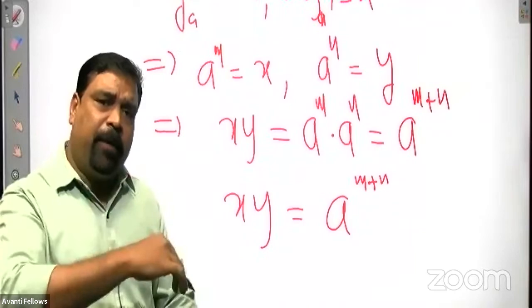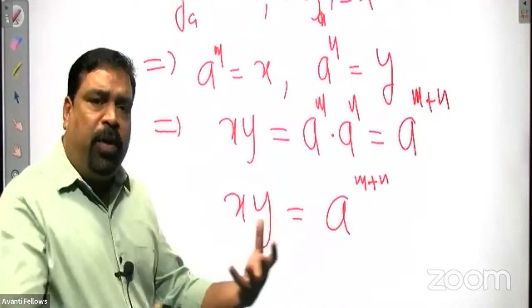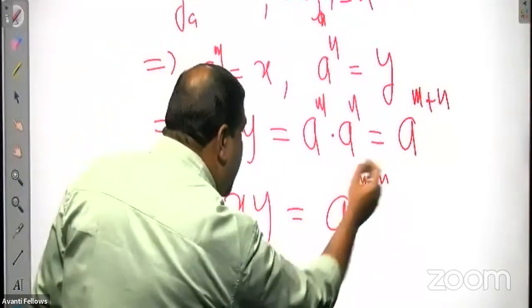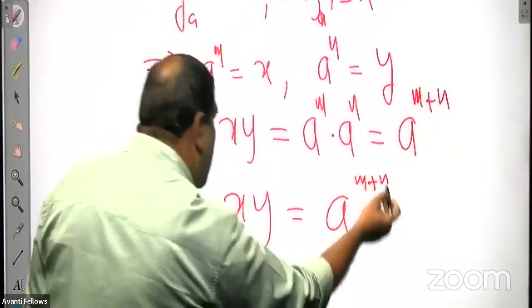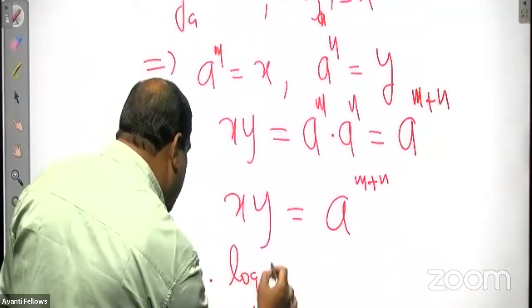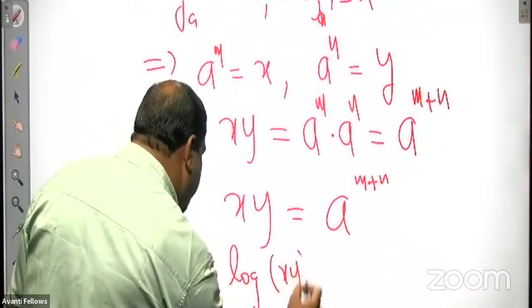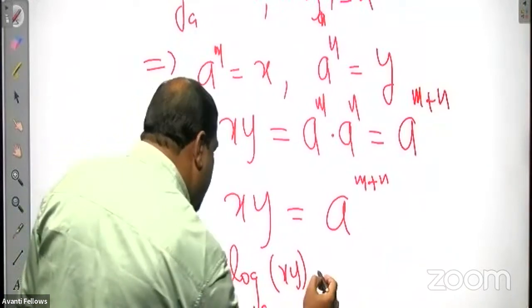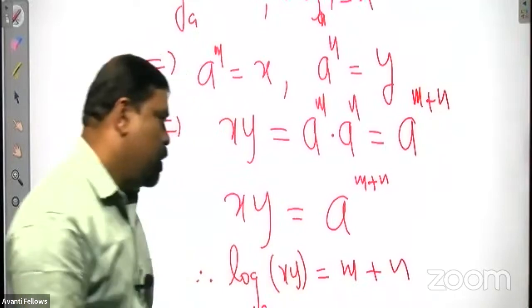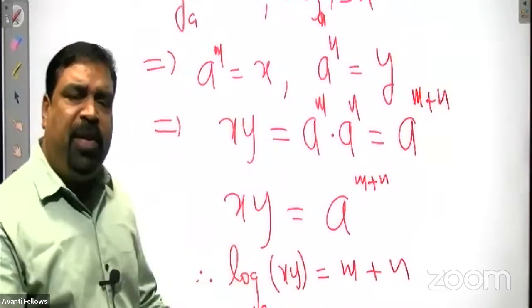Let us reverse this back. This is the exponential form, so let us write it in logarithmic form. Then m plus n equals log of xy to the base a. We are applying the definition only.